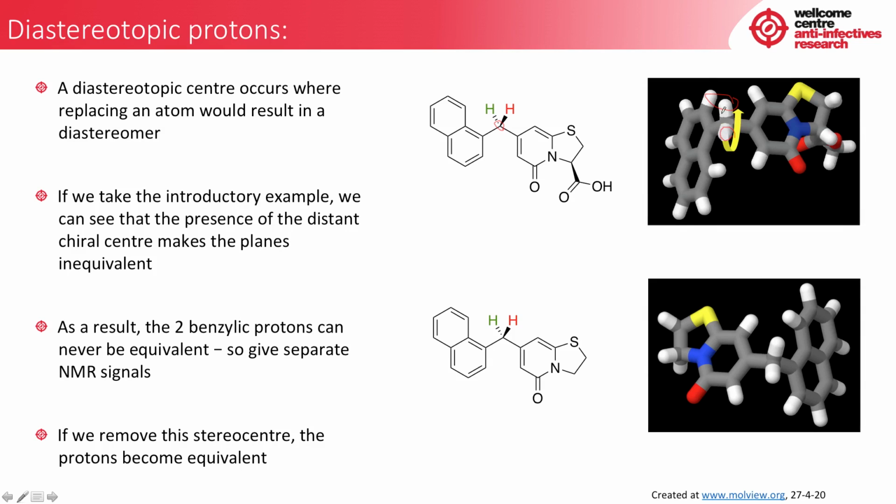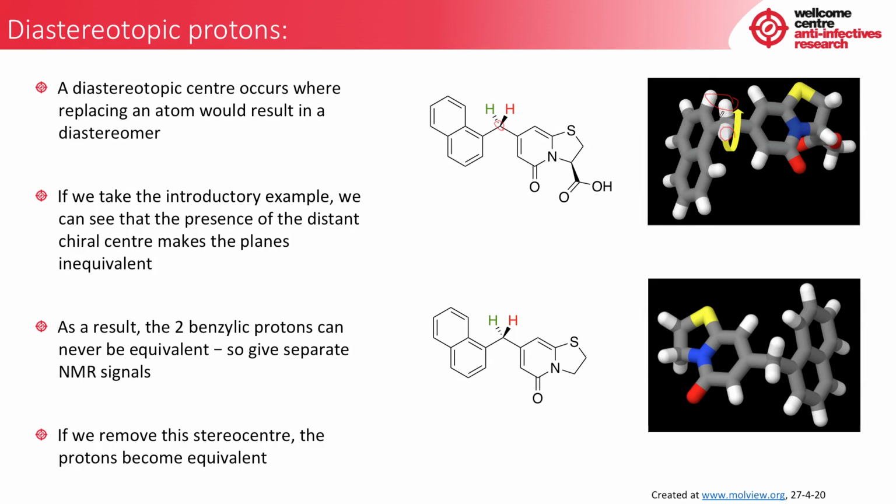And this is because the two faces of the molecule are different. This means they are inequivalent and they couple, and this coupling is going to be 14 to 17 Hertz. It's a big one. It's the presence of the chiral center which causes this.